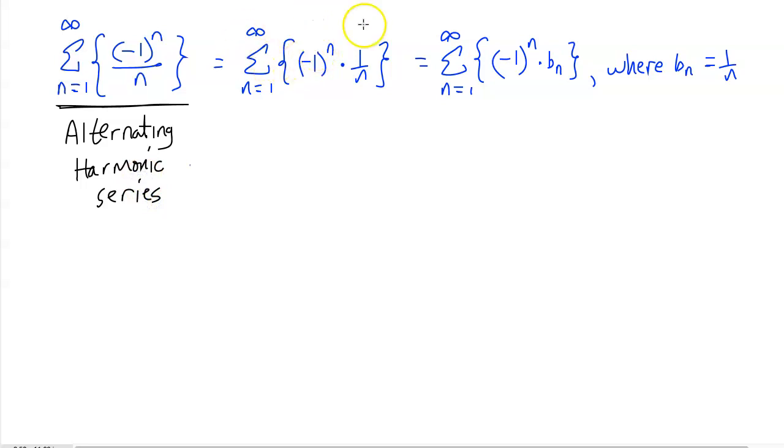Okay. And so we see here, if we did not have this -1 raised to the n, it would just be the summation from n equals 1 to infinity of 1 divided by n, which we know is the harmonic series, and the harmonic series always diverges. You could also think of it as the harmonic series being just a p series where p is equal to 1. And for those of you that aren't familiar with that, this is what the p series looks like here.